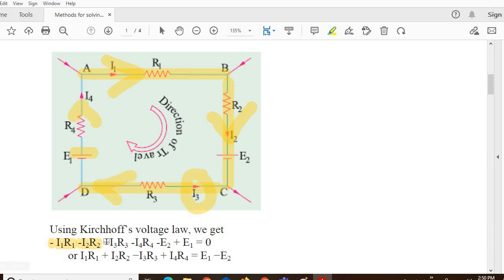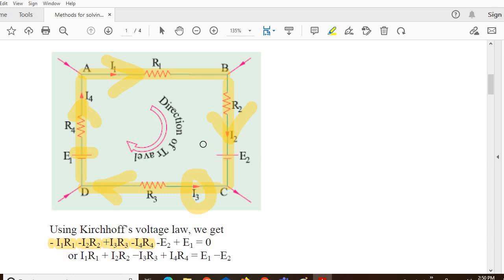So in that case, we will take it as positive. Again, for the last branch D to A, if we are tracing the path from D to A, the direction of current is the same. Again, it will be negative. So this is the direction for the current along with the resistance.